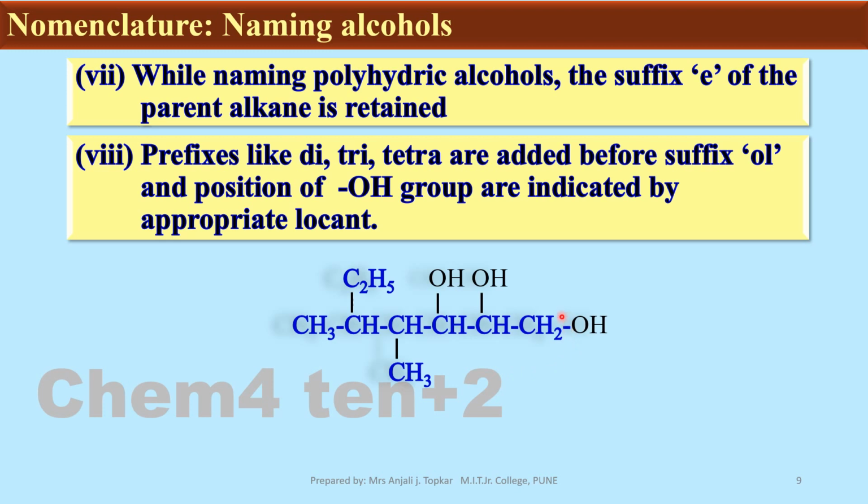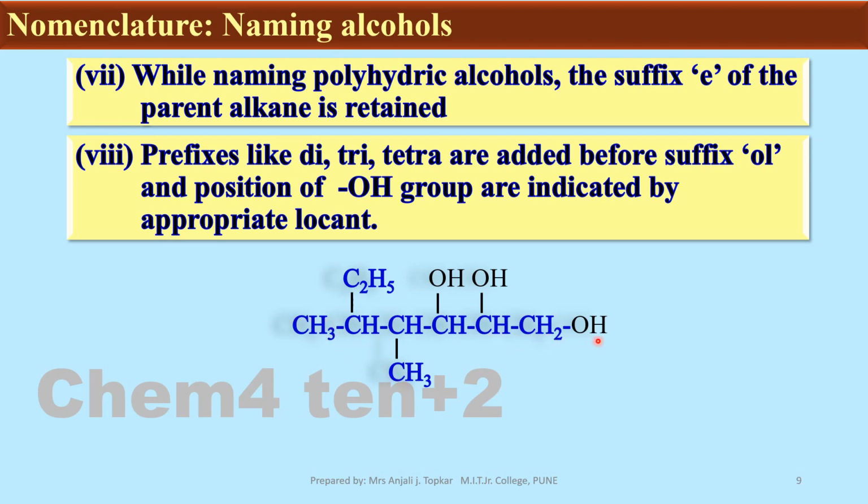First we have to select the longest chain. Here the longest chain is C2H5, CH, CH, CH, CH, CH2OH. Here 3 OH groups are present and 2 substituents, that is 2 alkyl groups, are attached.